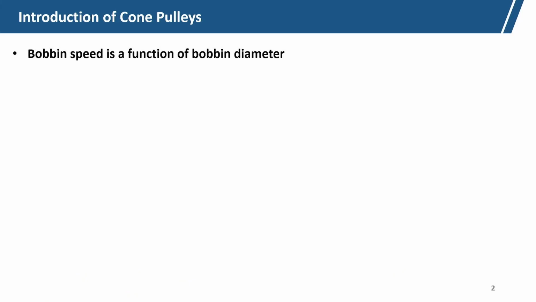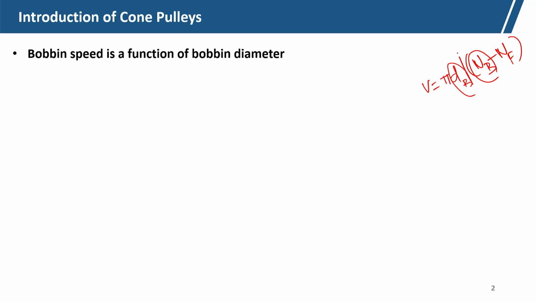So, bobbin speed is a function of bobbin diameter, as we know, in the case of the bobbin leading mechanism. So, V is the delivery speed, pi d is the bobbin diameter, dV, n b minus n f, where n f is the flare speed. Okay. So, bobbin speed is a function of bobbin diameter.